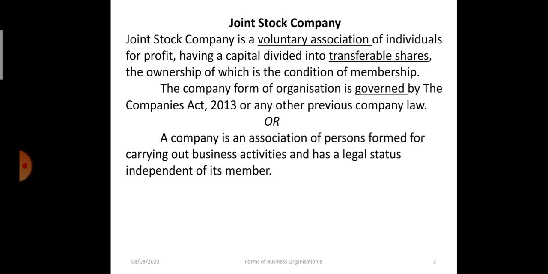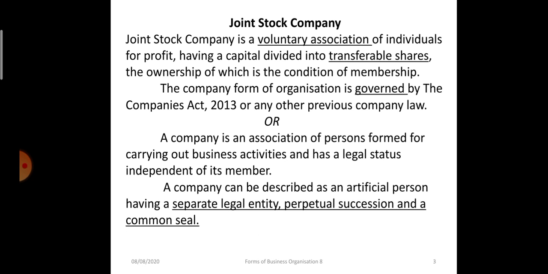In case of joint stock company also, the company has a separate legal status independent of its members. In the eyes of the law, it is an artificial person. Another way, a company can be defined as an artificial person having a separate legal entity, perpetual succession, and a common seal. These two terms, perpetual succession and common seal, we will be discussing again in the next slide.